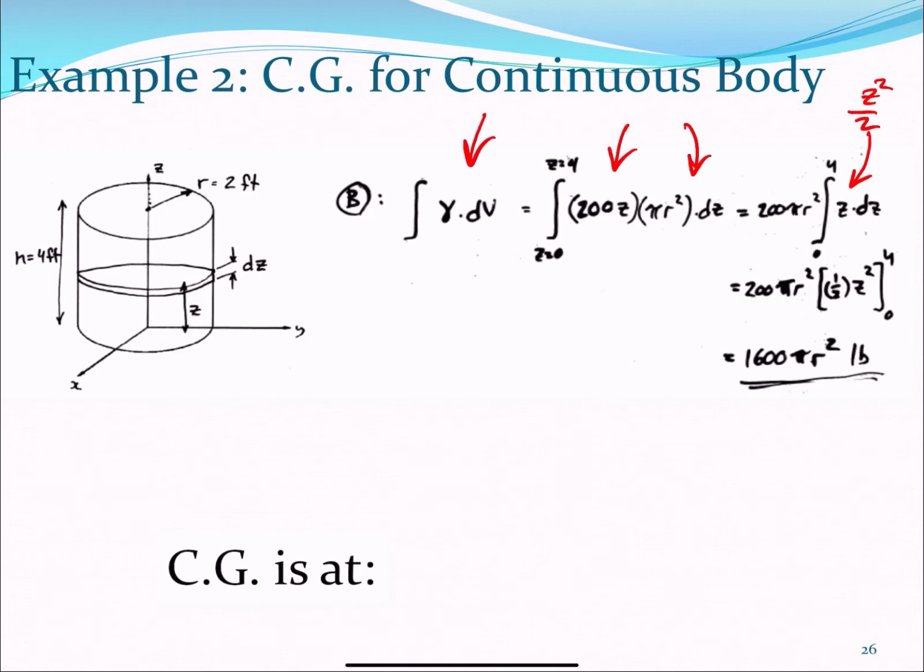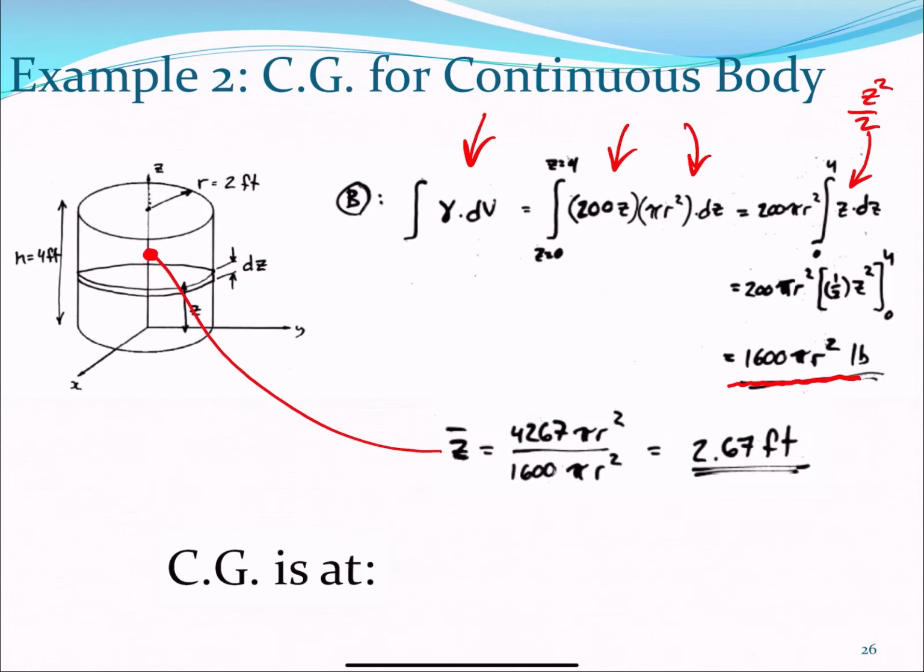I integrate from 0 to 4, and I get 1600 p times r squared pounds. Now, if I divide the previous value A by B, I obtain that the center of gravity is 2.67 feet. I was expecting it to be bigger than 2, so it corresponds quite well with what we were expecting.